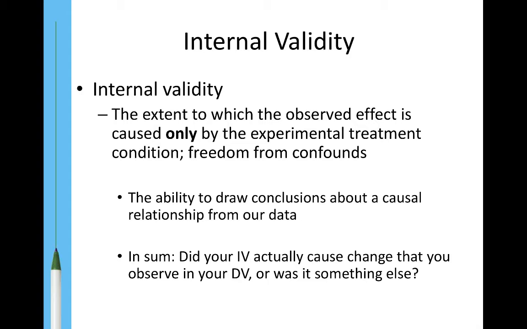If there's more than one thing that went along with the independent variable, then there's multiple potential explanations of why the dependent variable changed. So psychologists, good ones, can be very, very clever in figuring out ways to make sure that there's exactly one thing that's changing in the study, and that one thing is the independent variable of interest. Turns out to be harder than you would think in order to do that.